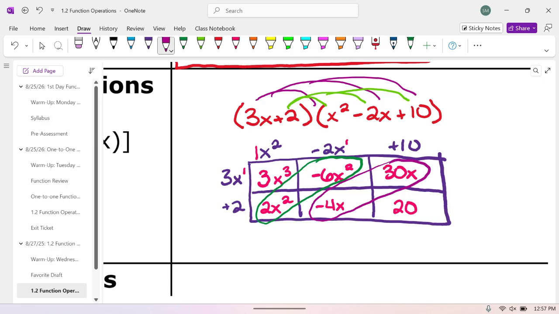All right. Yes, sir. So in reality, it doesn't matter. As long as you know that, okay, I have 3 terms, so in some way I gotta have either 3 rows or 3 columns. You could have totally made your box like this. And then the 3x here, the 2 here, x squared minus 2x plus 10.